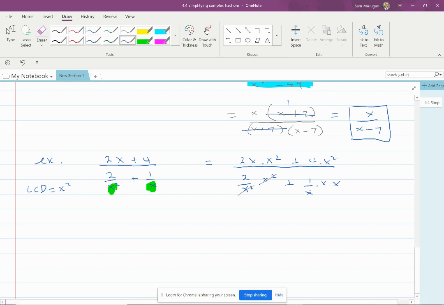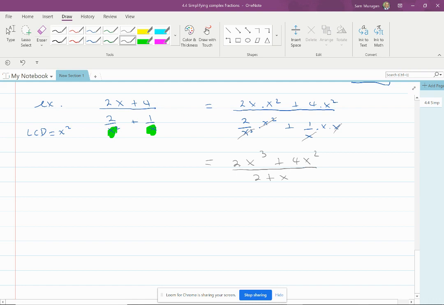X squared cancels out here. X cancels out with one of the x here. That leaves me with 2x cubed plus 4x squared over 2 plus x.